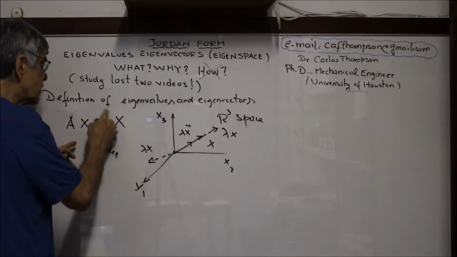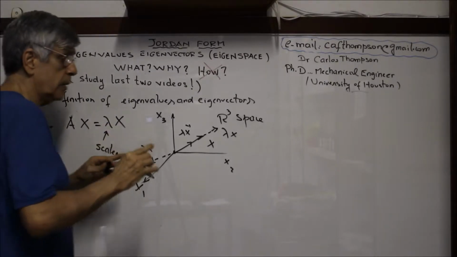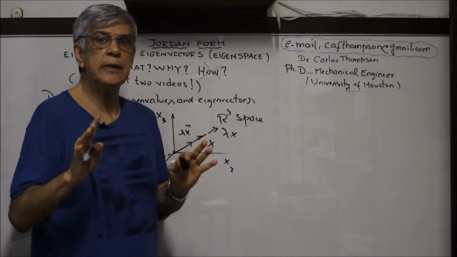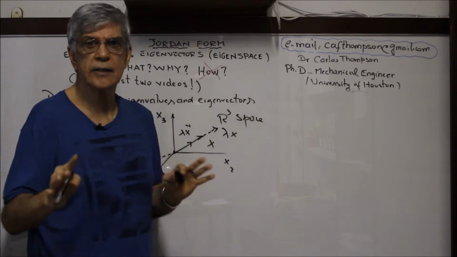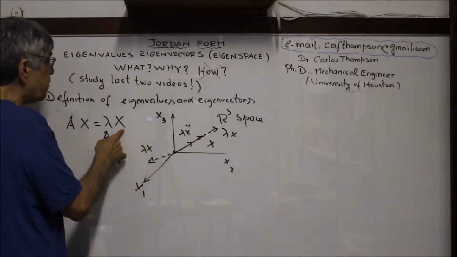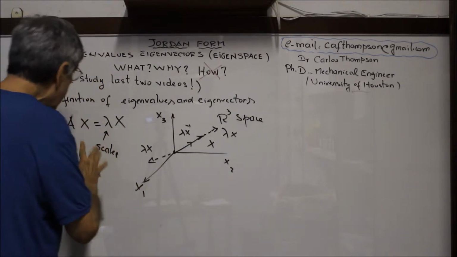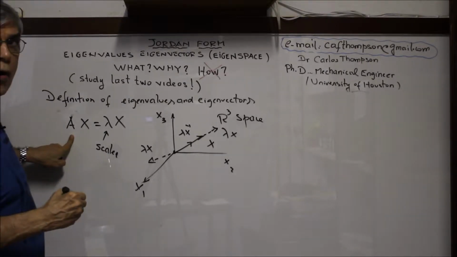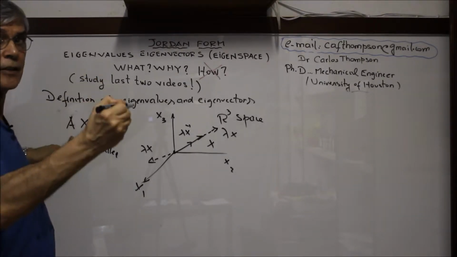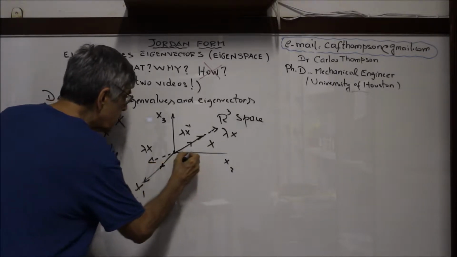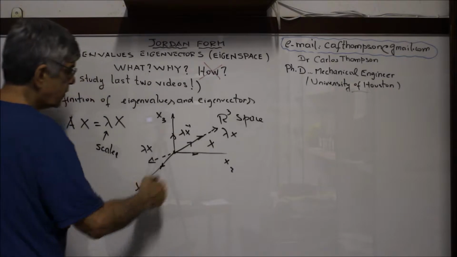The eigenvalue is this number. It could be a complex number, but for the time being we're not talking about complex numbers. Now, x is a vector. Very, very important, the components of the second order tensor are related to the canonical system.